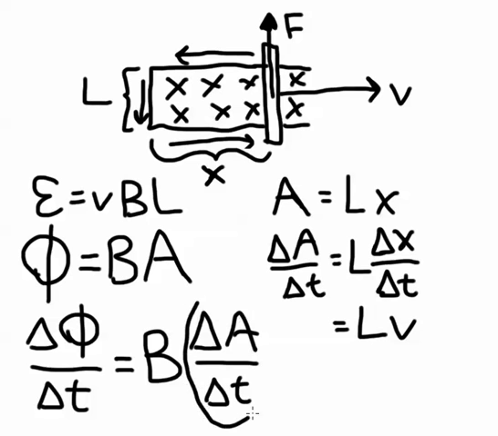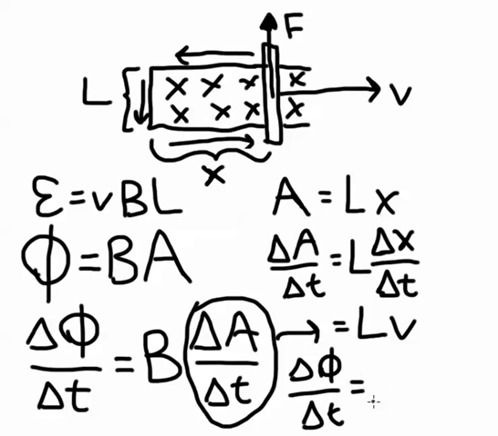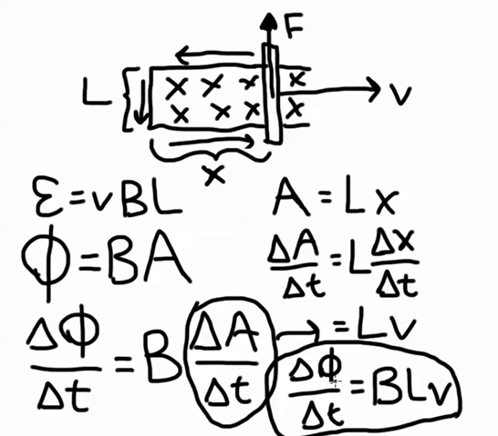So this delta A over delta t is equal to Lv, which means that the change in flux per unit time is equal to BLv. Isn't that interesting? The change in flux per unit time, how quickly the flux is changing, is exactly equal to the EMF, similar to the potential difference that helps to determine the current. So Faraday's law relates these two quantities.